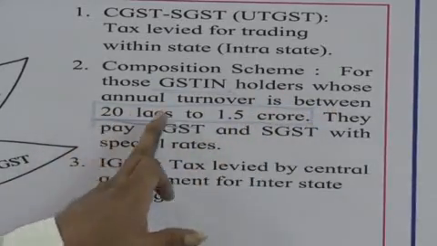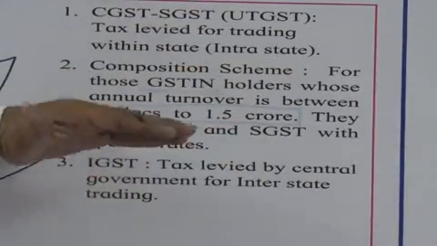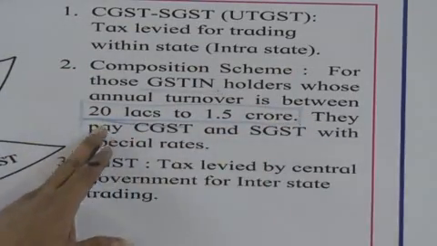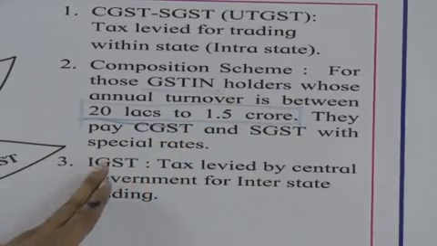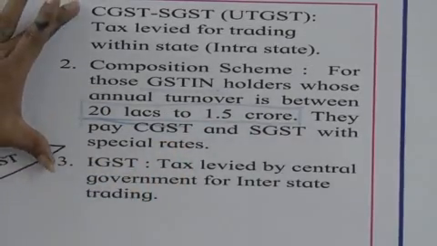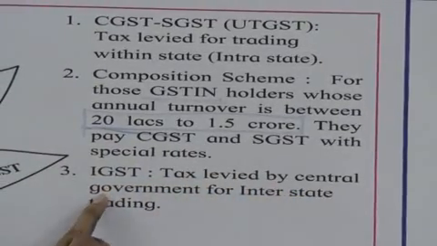Turnover between 20 lakhs to 1.5 crores, now again this slab is changed. They pay CGST and SGST at special rates, and IGST is the tax levied by the central government for interstate trading.